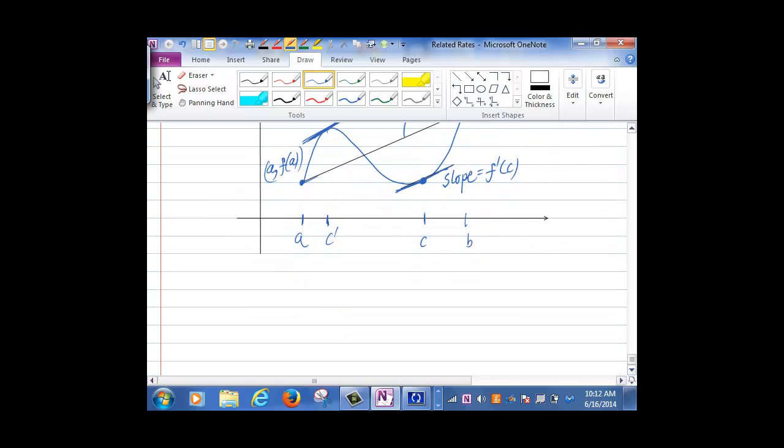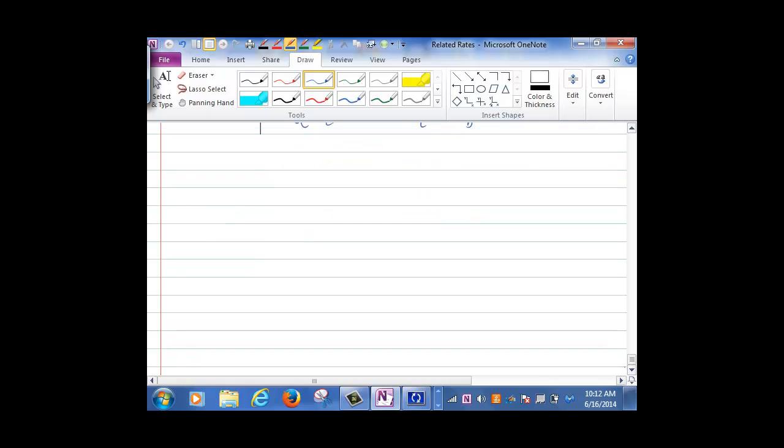Now, there is one special case of this theorem called Rolle's theorem, and I'm going to write it as a lemma. This is known as Rolle's theorem. Rolle's theorem says the following.